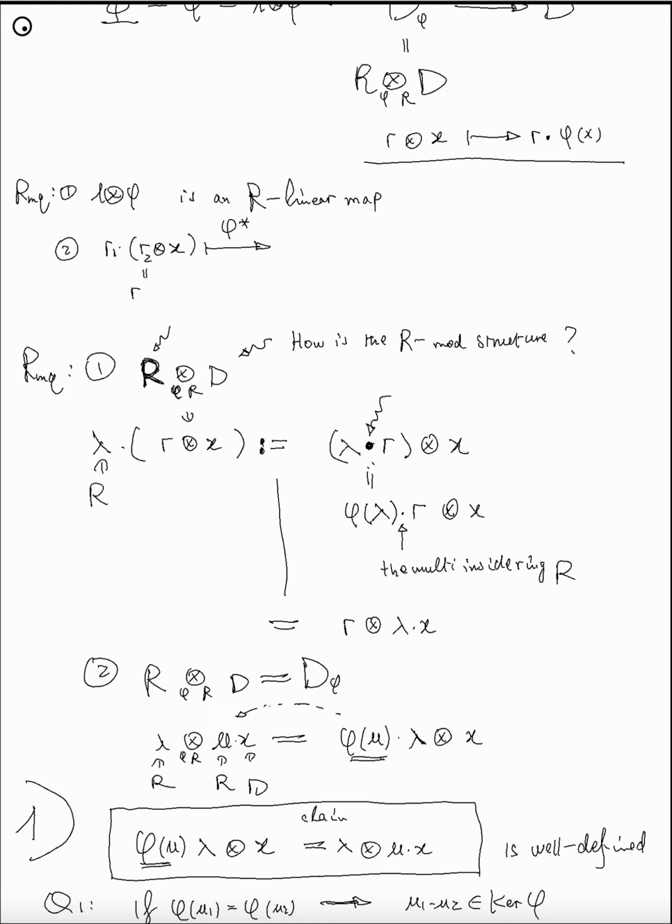Either you use this, and then this is mapped to r2 phi(r1 x), or you use the R-module structure on the first component as we described. This would tell you to be phi(r1) r2 tensor x, then this maps to phi(r1) r2 and then phi(x).